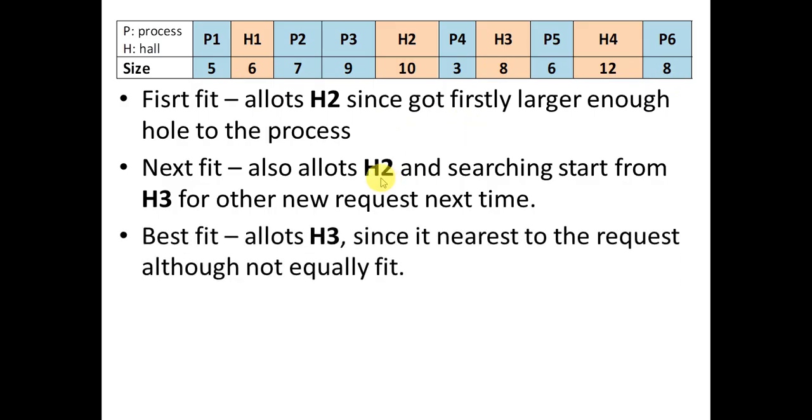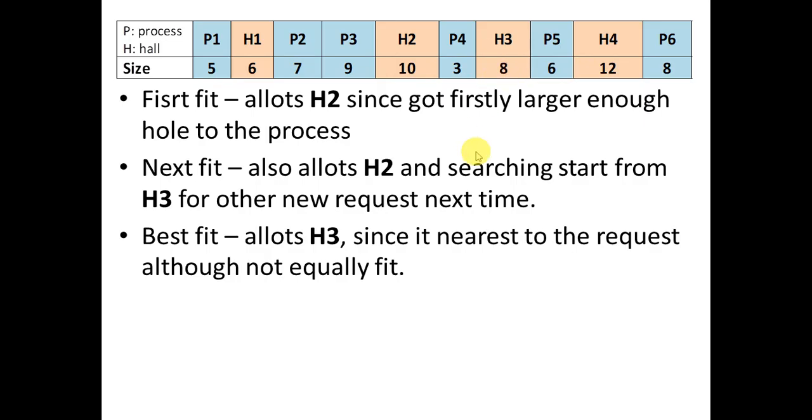If the working algorithm is best fit, the hole is allotted for the process requesting size 7. This algorithm searches from the beginning to the end of the available holes and finds the most suitable hole for the newcomer process. The newcomer is size 7: 6 does not fit, 10 is larger, 8 is somewhat the best other than 10, and 12 is very large.